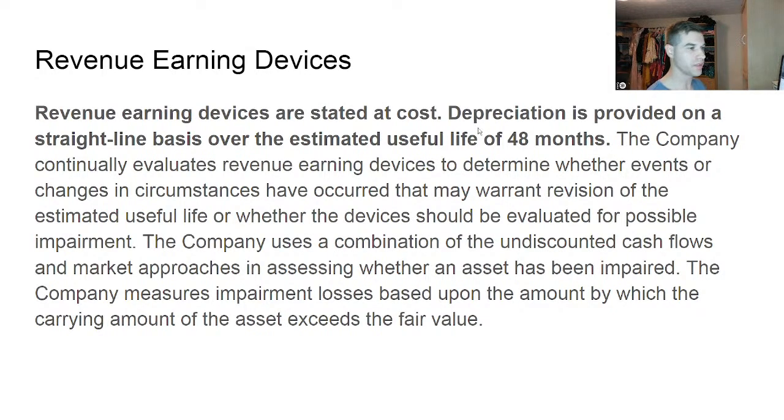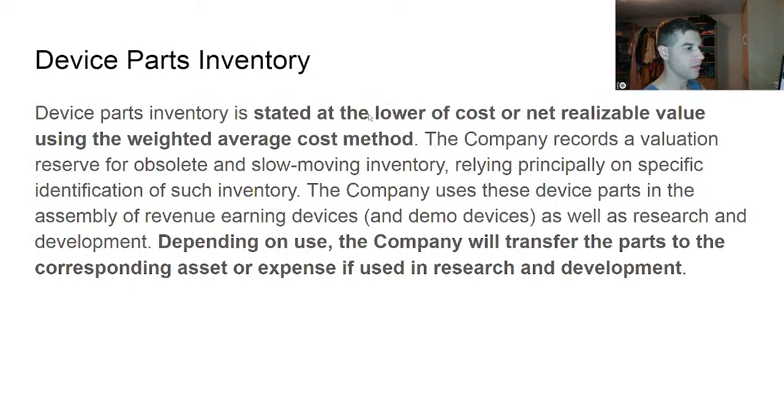And the other interesting thing is that they have their inventory, right? And this inventory is stated at the lower of cost or net realizable value. Let's, for now, assume that they are stated just at cost, because it's either at cost or an even lower value.